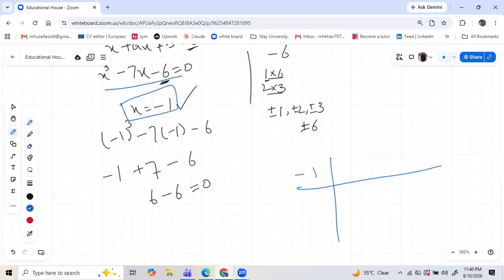So this is 1, this is 0, this is minus 7, and this is minus 6. So look at it here, this is minus 1, this is 0, so this is also 0. So this gives us 0, and this is minus 7, this is minus 7, and this is plus 7, so it gives us 1. Did you get it?